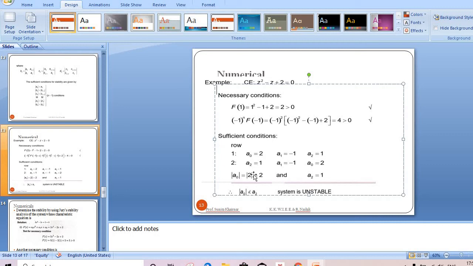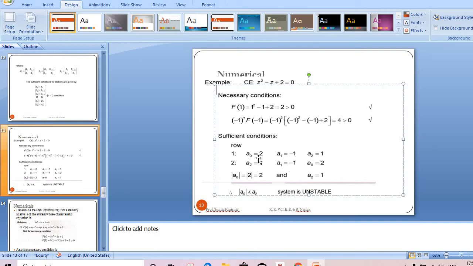Now the sufficient condition is that A0 should be less than An. Our n is 2, so A0 should be less than A2. We will check whether it is less or not. So for the sufficient conditions, we will write that row. A0 is 2, A1 is minus 1 and A2 is 1.